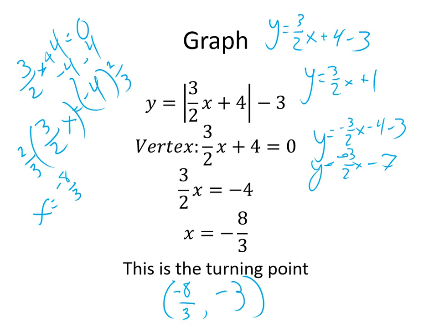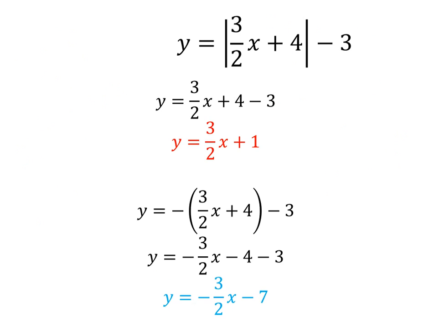The main thing we're looking at here is the slopes. We've got a positive 3/2 and a negative 3/2, and then we can start at negative 8/3, negative 3. As you see here, it's solved all the way through, step by step.